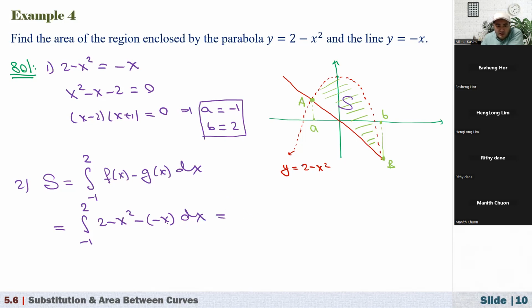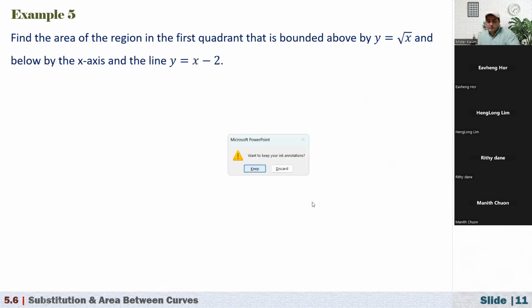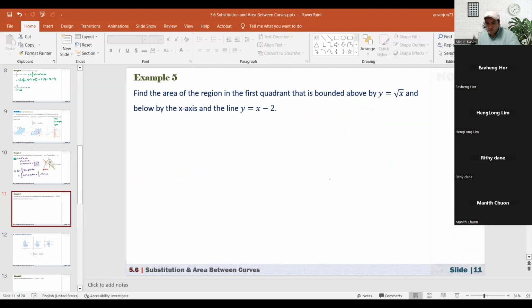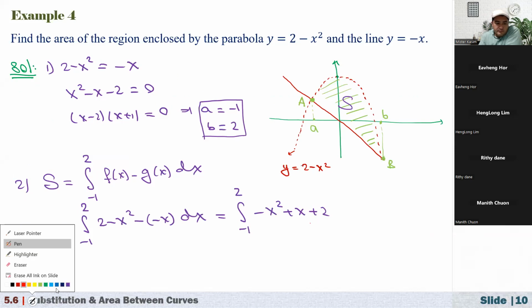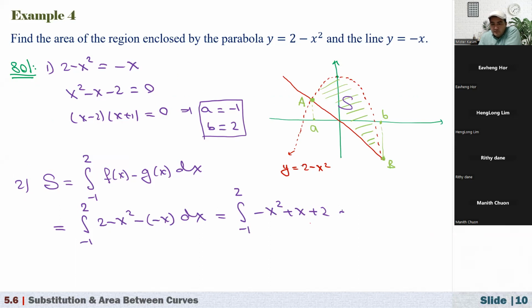Simplifying, we have the integral from negative 1 to 2 of 2 minus x squared plus x, plus 2... dx.